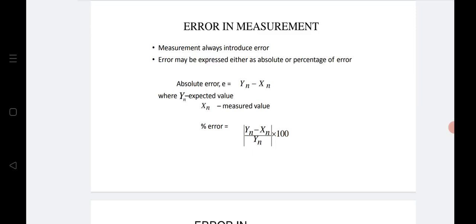So what will be the percentage of error? Percentage of error is equal to the absolute error divided by the expected value. That is, the expected value minus the measured value, divided by the expected value, into 100, is known as the percentage of error.